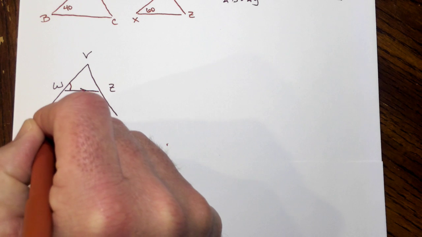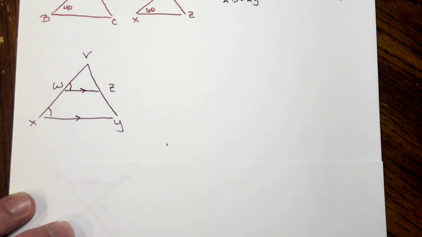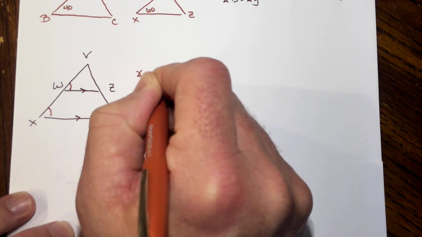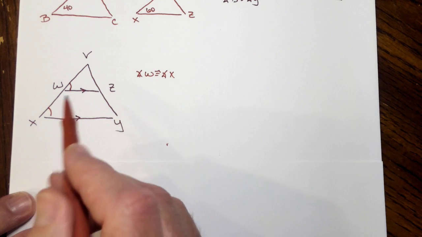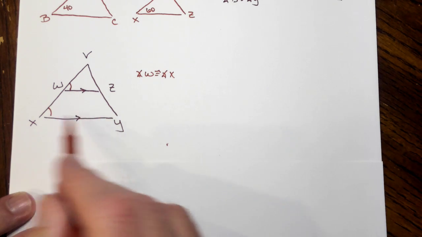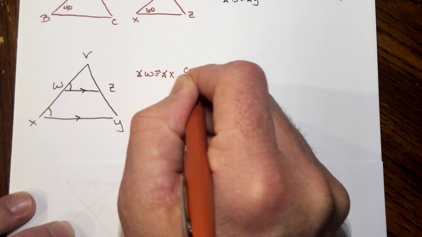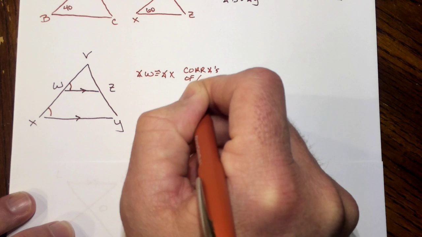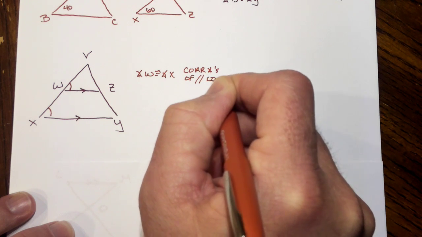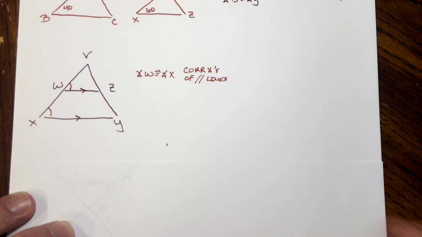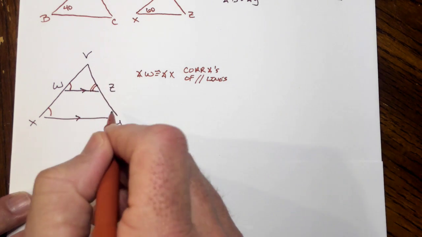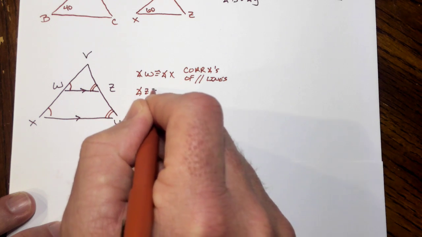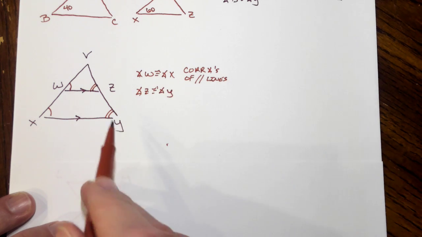Angle W and angle X are congruent to each other. Reason: parallel lines, transversal. They're corresponding angles of parallel lines. Angle Z is congruent to angle Y. Why?